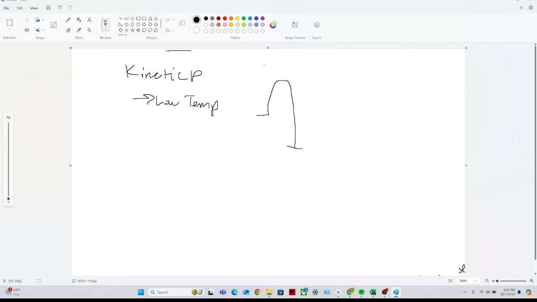What's next? Kinetic and thermodynamic products. This is more something that will be covered in the 41 series, but definitely good for a 40A student to know. Kinetic product, typically at low temp. Why? Because the activation energy is lower than the thermodynamic product. This, let's say, is the kinetic product, Kp.